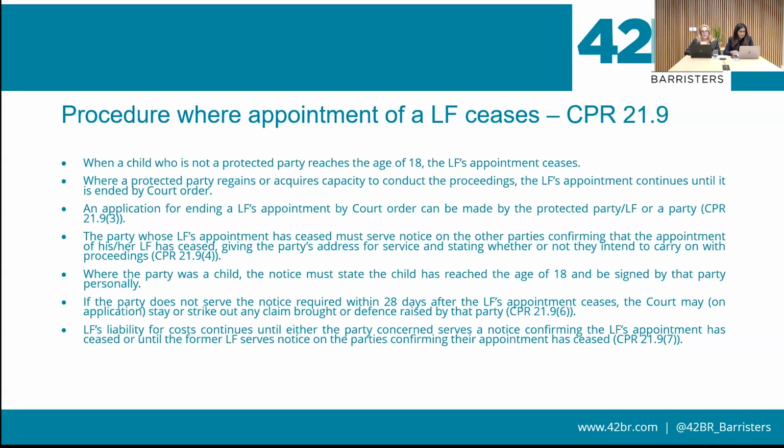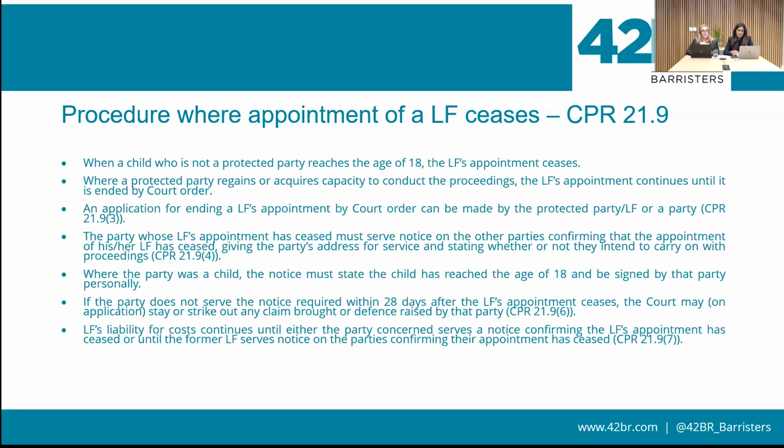So in contrast to the position where a child reaches the age of 18, if we're dealing with a protected party and they either regain or acquire capacity to conduct the proceedings, the litigation friend appointment will continue until a court orders otherwise. That's specified by Rule 21.9(2).